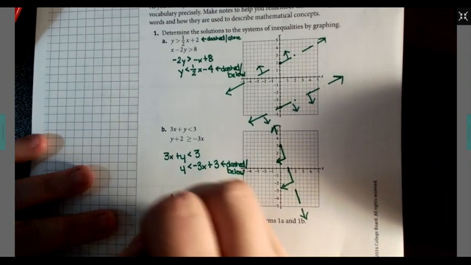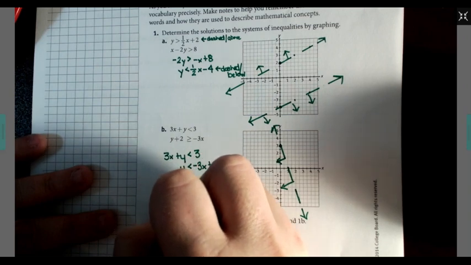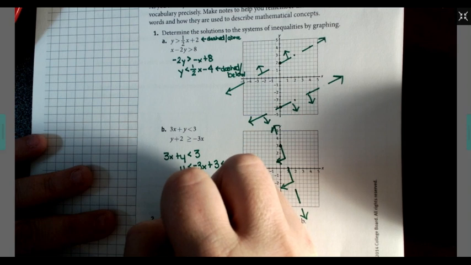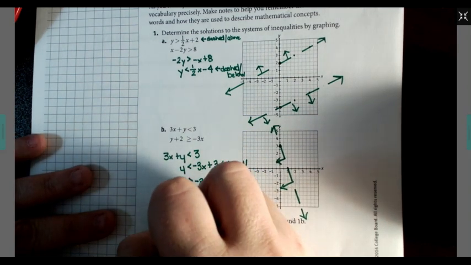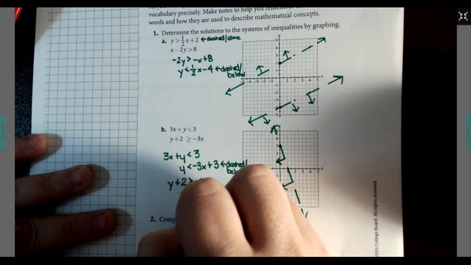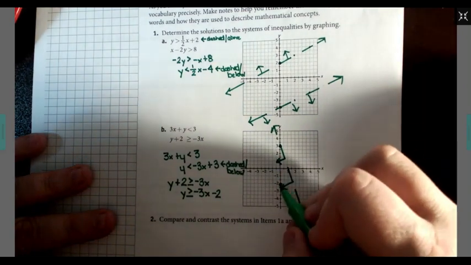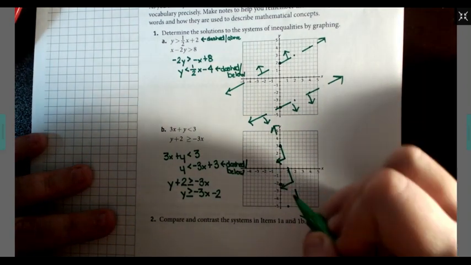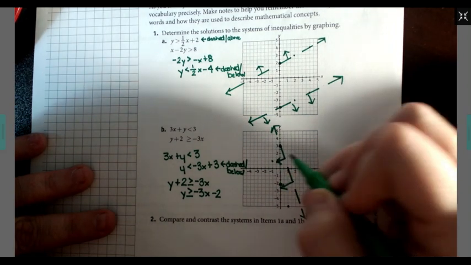All right. Here we've got y plus 2 is greater than or equal to negative 3x. So we're going to subtract that 2. So we've got y is greater than or equal to negative 3x minus 2. We start at negative 2. We go down 3 over 1. Just to give myself another point on this line, I'm going to go up 3, back 1.